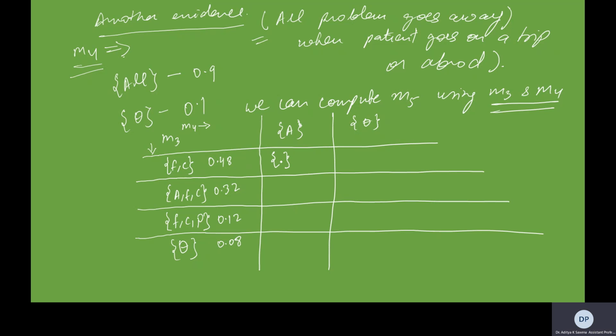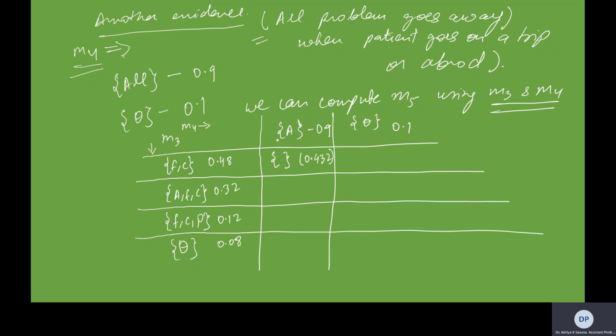For the empty set, in M4 for A we have 0.9 and for theta we have 0.1, that is the belief. After this intersection we will get this empty set. And what is the value of this empty set? 0.48 into 0.9, it is around 0.432. Okay, so this you have done.